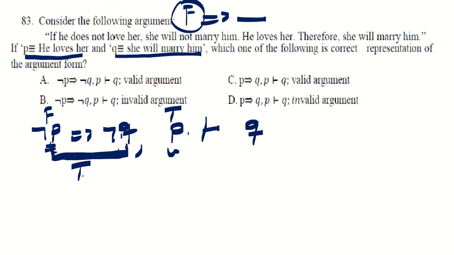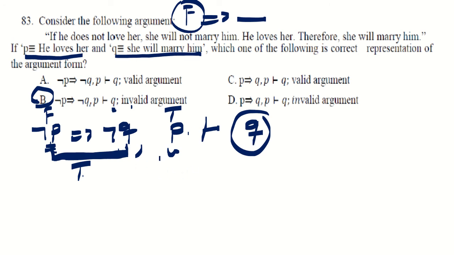So we cannot conclude anything about Q. So it's invalid. The answer will be B: negation P implies negation Q is one premise, the other premise is P, and the conclusion Q is invalid because we cannot say Q is definitely true.